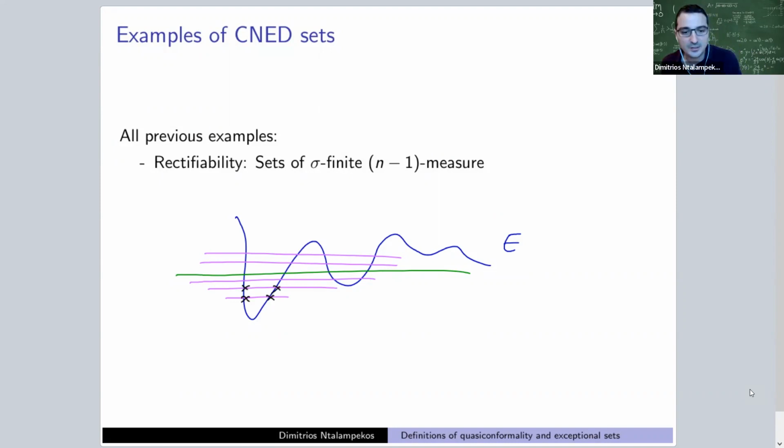This is the property of rectifiable sets. So by slightly perturbing your curves, you can intersect the set E at only finitely many points. And this is actually what implies the CNED property.